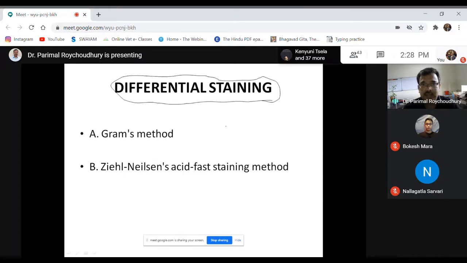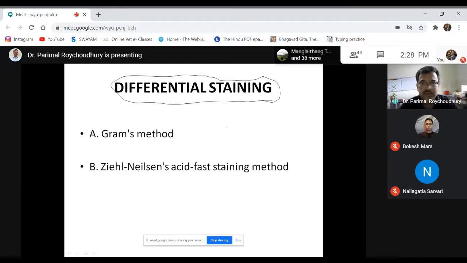Christian Gram developed this staining technique in 1884, and we are still using the same technique with some small modifications, without which we are handicapped. We cannot proceed and identify the organism.